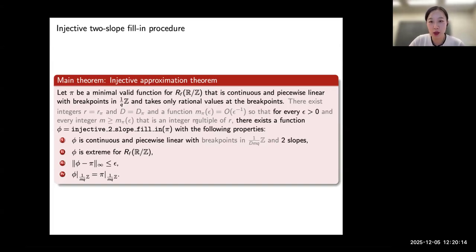For any small epsilon, there exists a function phi through the injective two-slope fill-in, so that the new function is continuous piecewise linear with only two slopes. So it is going to be extreme for the infinite group problem. It is very close to the original function, and more importantly, on the grid points, also refined grid points, phi agrees with the original function pi.